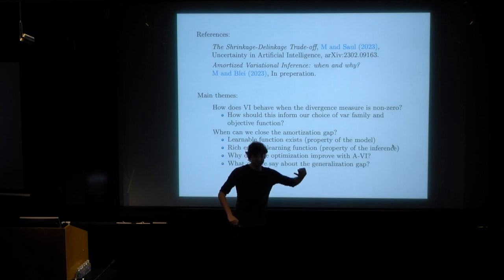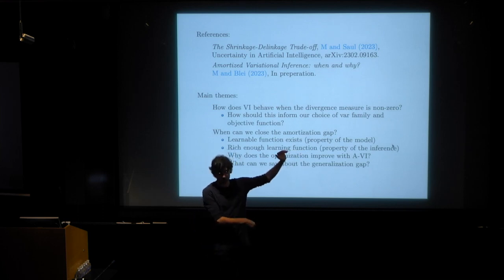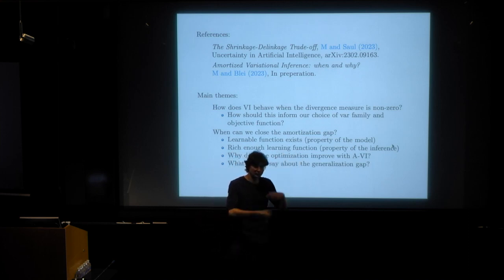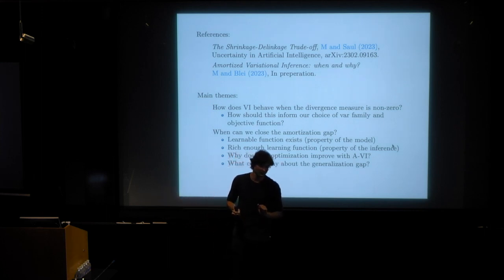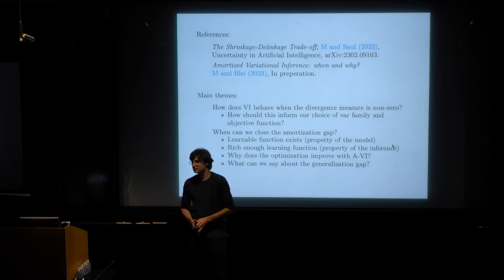Because you know that if you don't improve, then you've saturated how expressive you need to be. But if you do improve, and maybe you can just evaluate a gradient to know that, there are some limitations to doing that, but then you know that maybe with a more expressive inference function, I would see improvements in terms of KL divergence, right? And again, minimizing the KL divergence is not the end-all, be-all. I hope I've made that clear at the beginning.